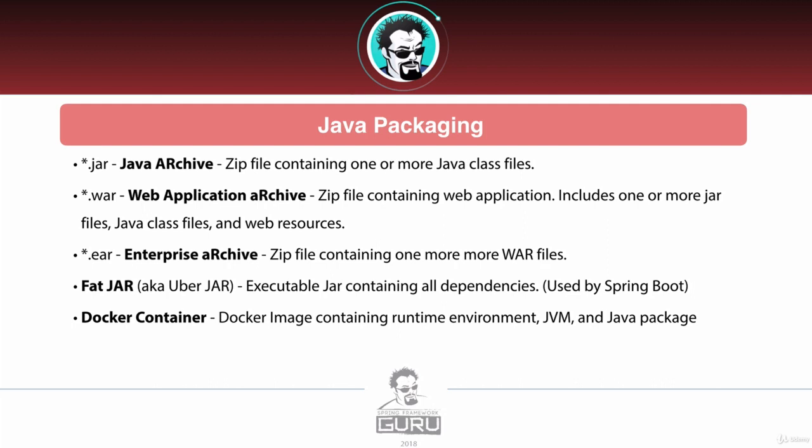We'll take a Docker image, and that image is going to contain the runtime environment, the JVM, and a Java package. Typically, what we'll see is a fat jar inside. You can get creative and run an application server in there, but typically it's going to be a fat jar. And that is also a self-contained deployment entity.